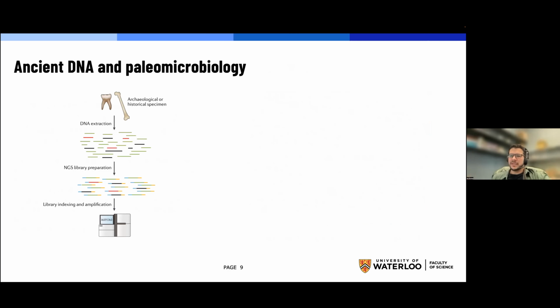Now, one of the really exciting things that has emerged in studies of ancient pathogens and ancient microbes is the use of ancient DNA. Ancient DNA can be collected from archaeological specimens. This is just a really general overview.